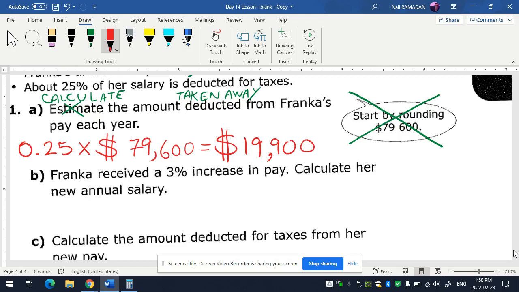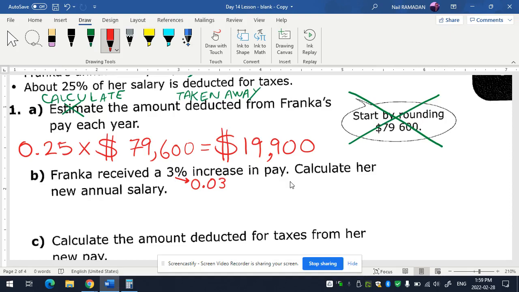So the question is simple. How much is 3% of 79,600? Same thing. You need to multiply 0.03. Everyone, point to the 3% and write 0.03, because it's always going to be the decimal. Okay, so the first step is let's see how much 3% is of the original pre-tax, pre-deduction salary.